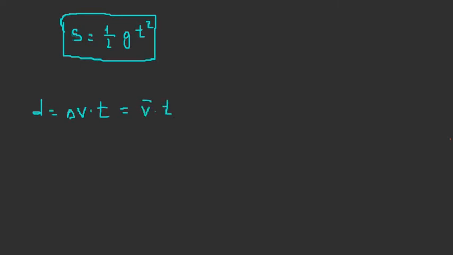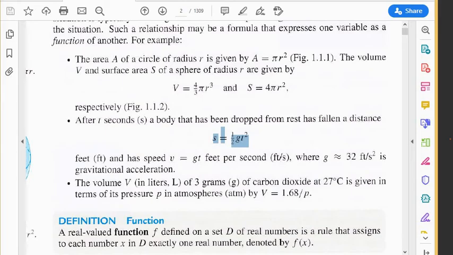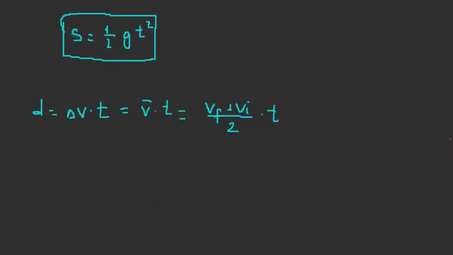The average can be written as final velocity plus initial velocity divided by 2, multiplied by t. Because the body is dropped from rest, the initial velocity is going to be 0. So in this case, the displacement is equal to v final divided by 2 multiplied by t.